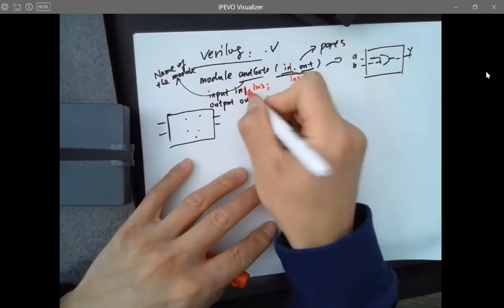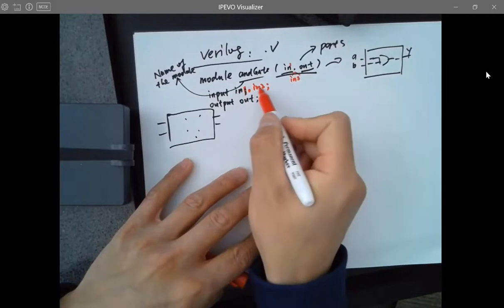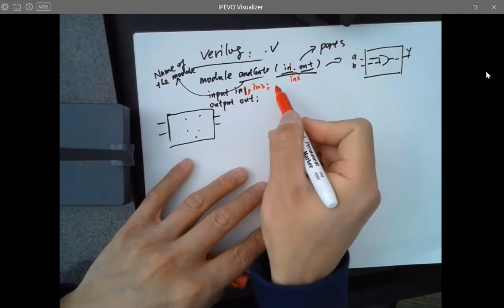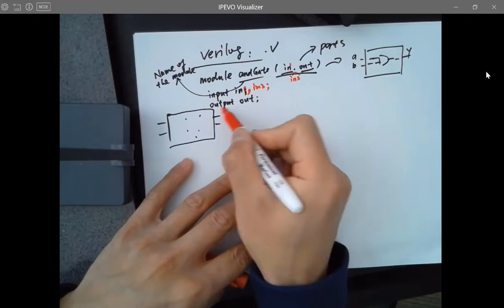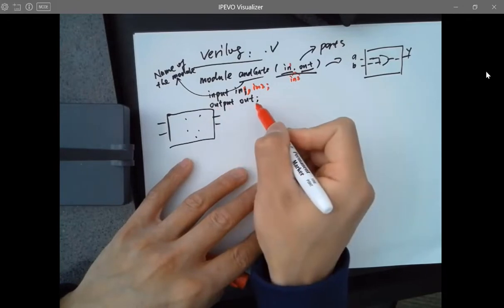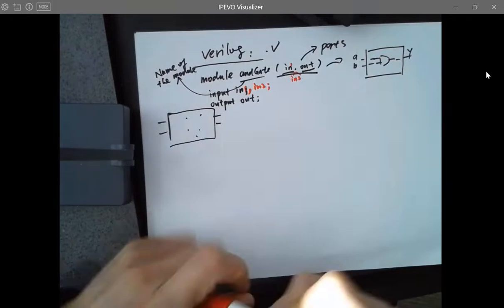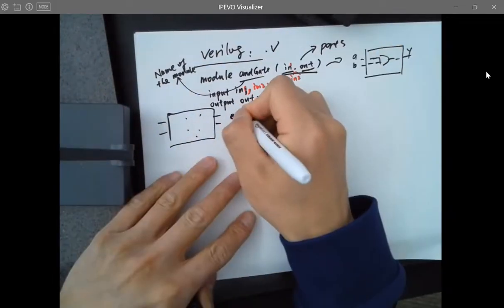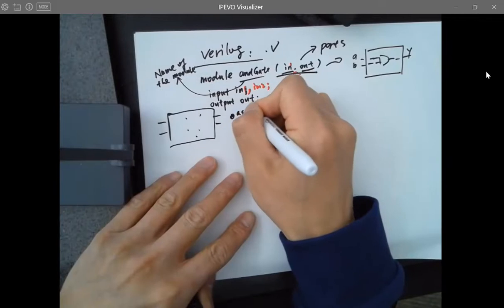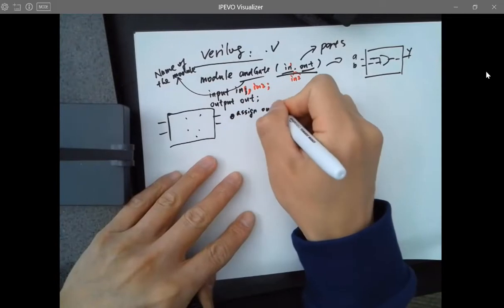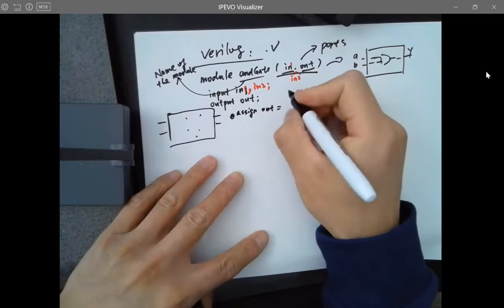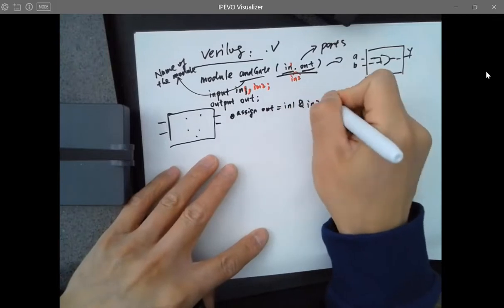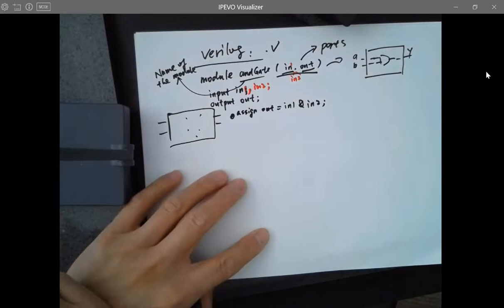You can separate the same type of ports using a comma. Input in1, comma, in2, semicolon, output out, semicolon, and then directly assign out. So I have to type assign out equals in1 and in2, semicolon, and that's it.